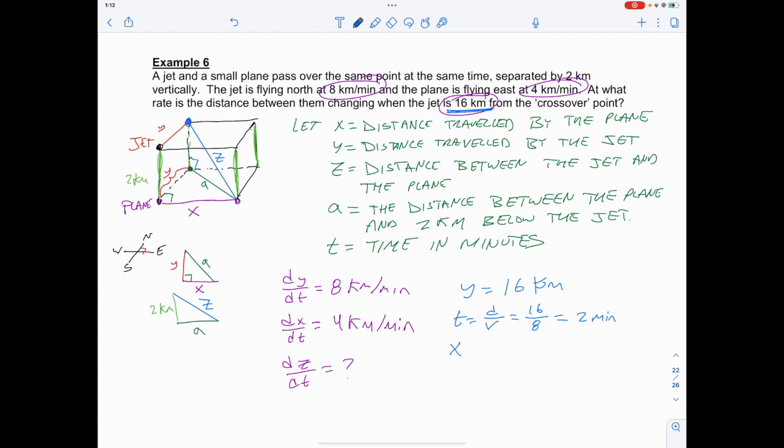And distance is equal to speed or velocity times time, which means that the plane is now 8 kilometers from where that crossover point was.